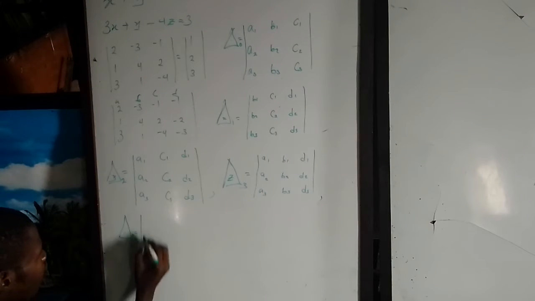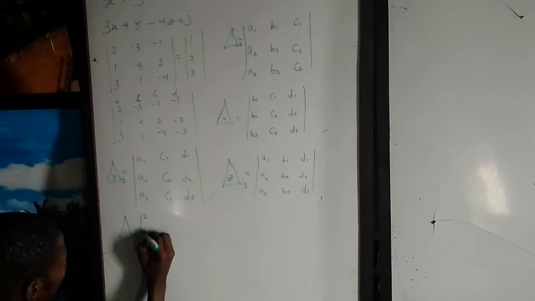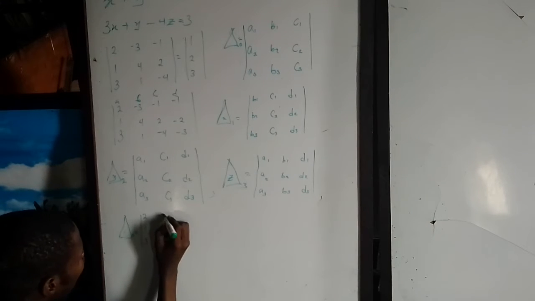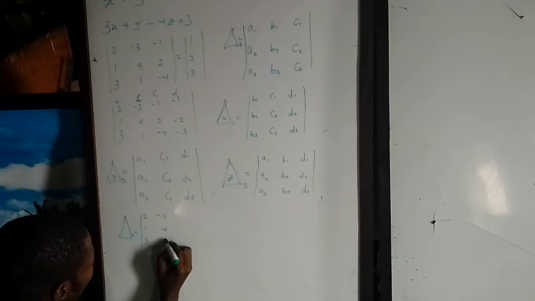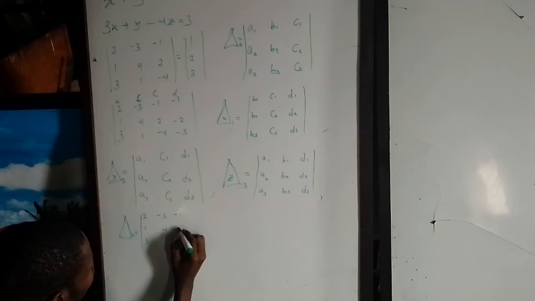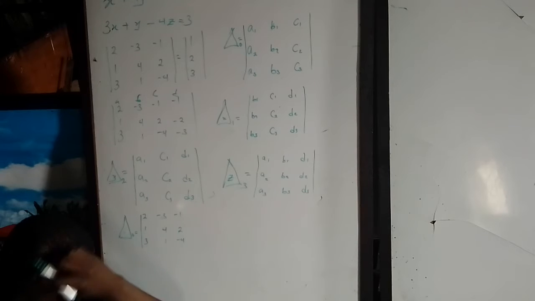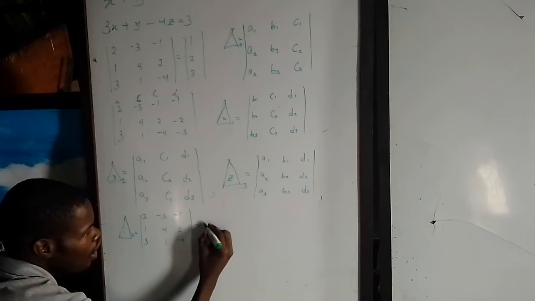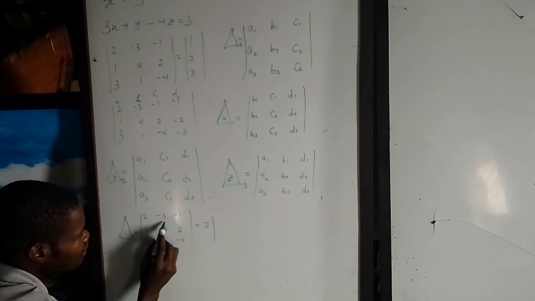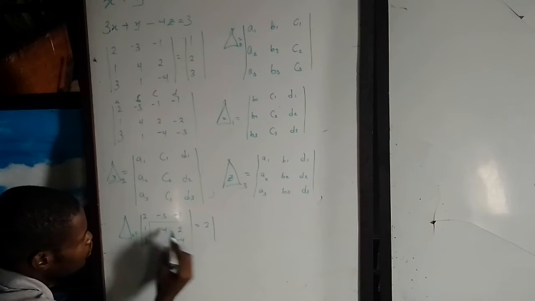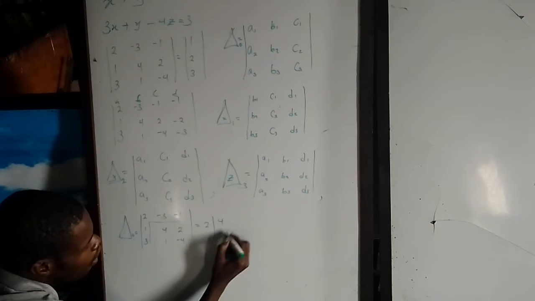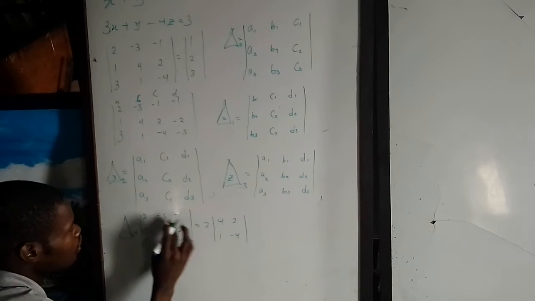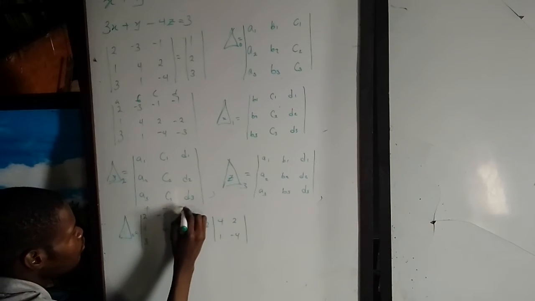So you are going to have 2, 1, 3, minus 3, 4, 1, minus 1, 2, minus 4. Then you say 2, you take 2 out. This times this. So you are going to have 4, 1, 2, minus 4. You clear it. So you have plus, minus, plus.